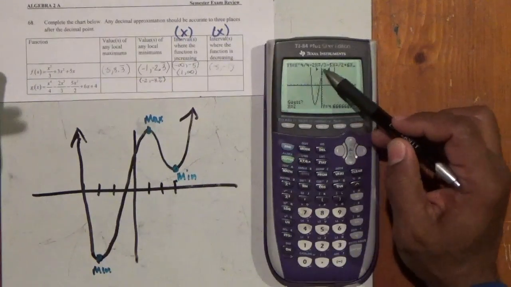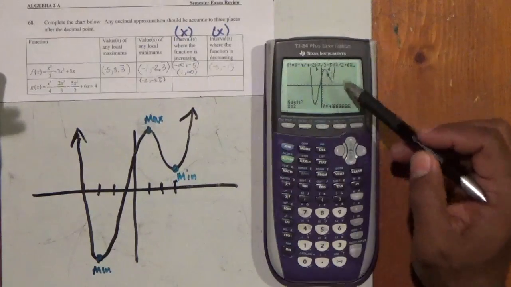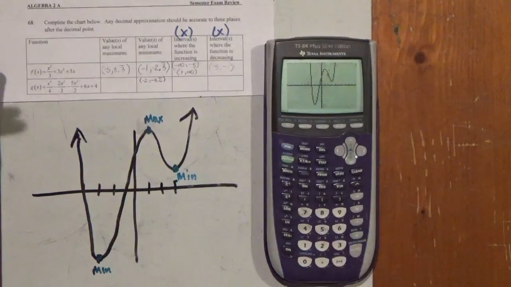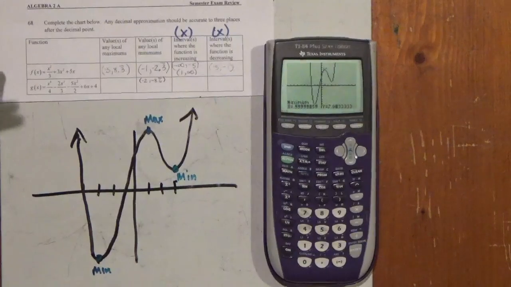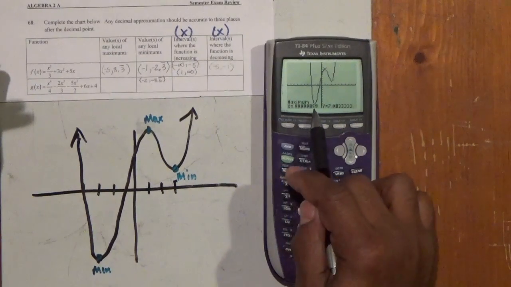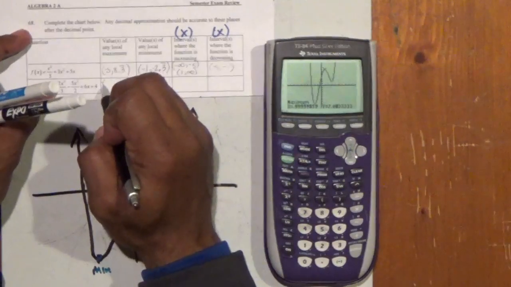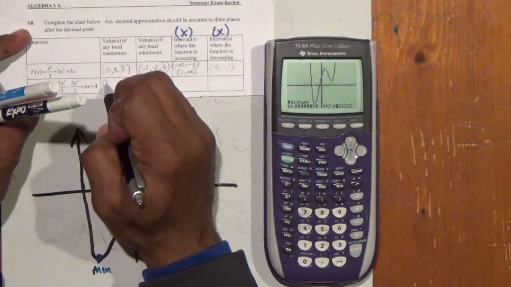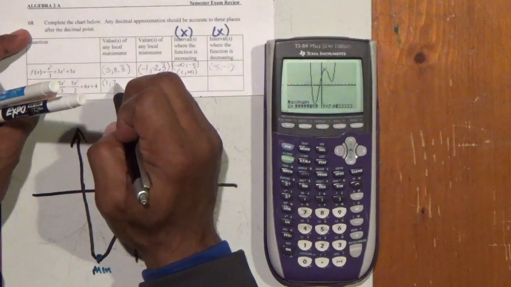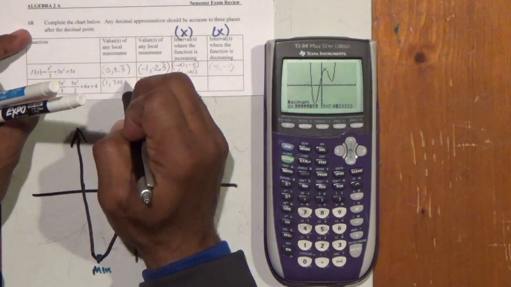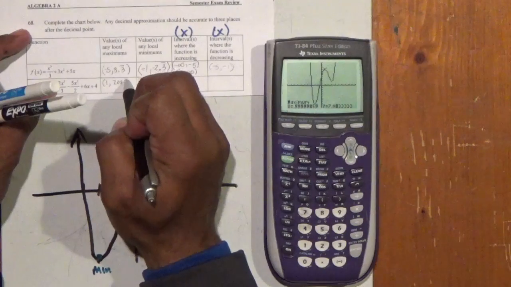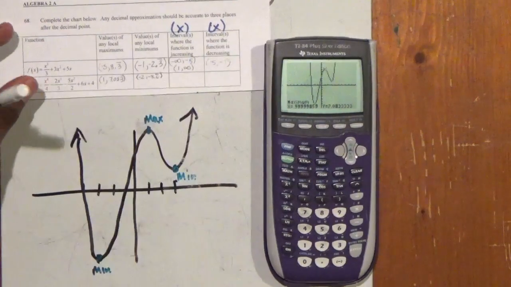We just want to make sure these cursors are on either side of the point we're trying to find. We're not going to guess. I'm going to hit enter, and it gives us 0.9999, so that's 1. So our max is at 1, 7.083. The 3 is repeating, but you don't have to put that there.